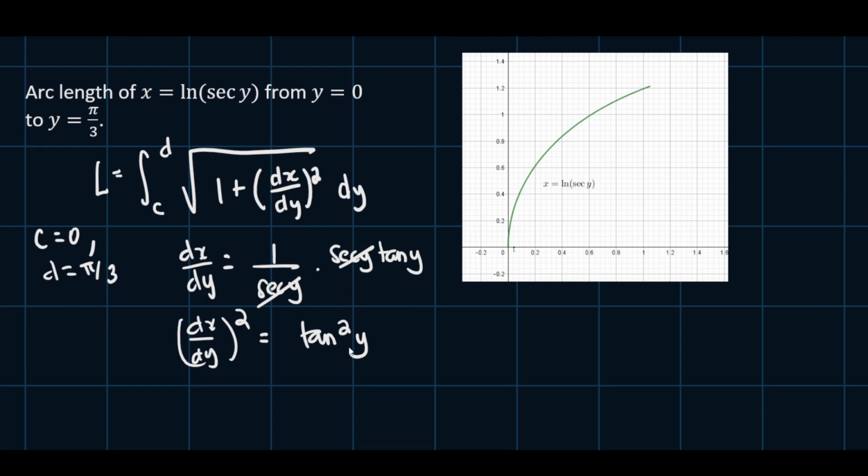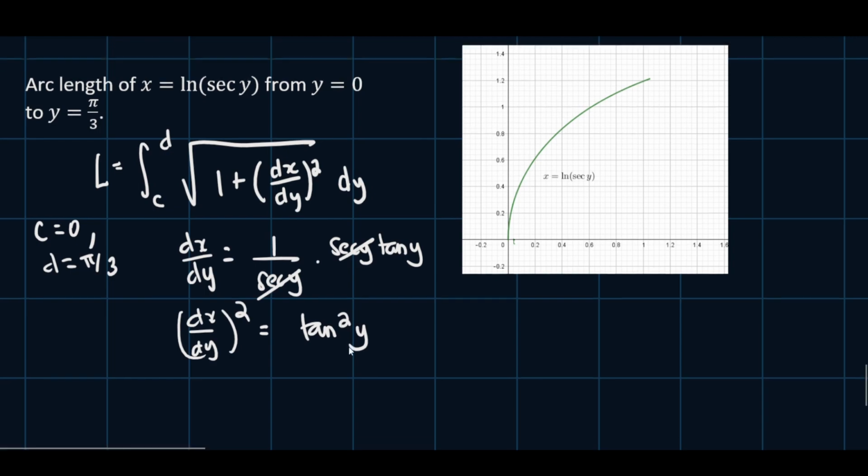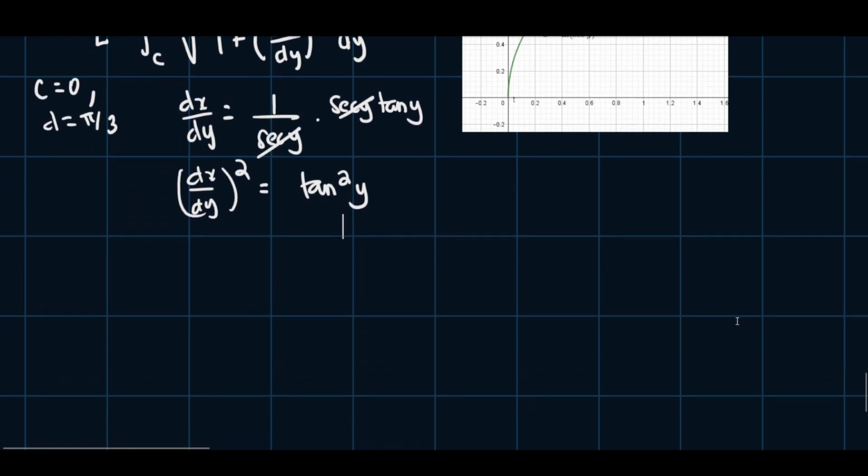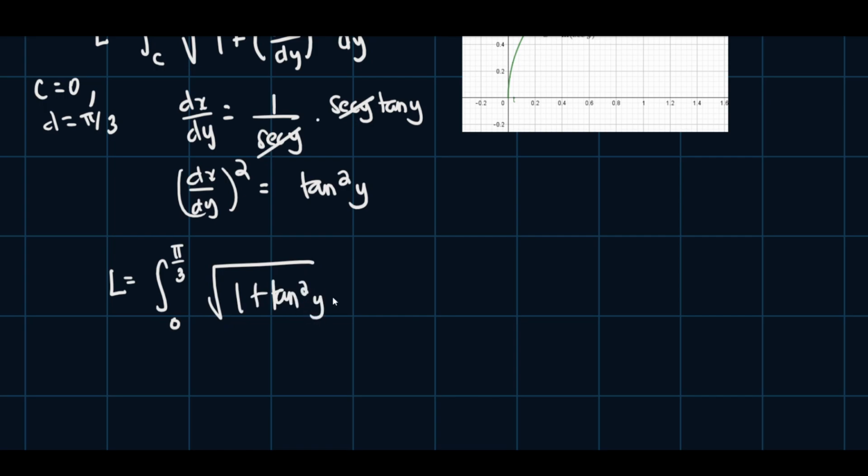Okay, so we now have everything we need in order to get the arc length. So, substitute natin. L equals the definite integral from 0 to pi over 3 ng square root of 1 plus tangent squared y dy.